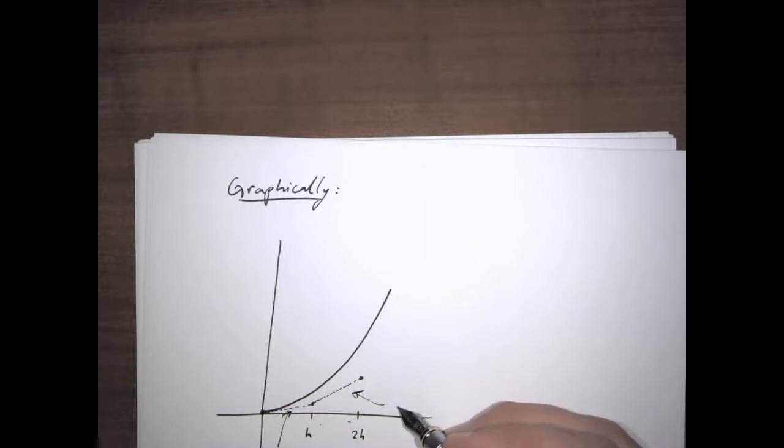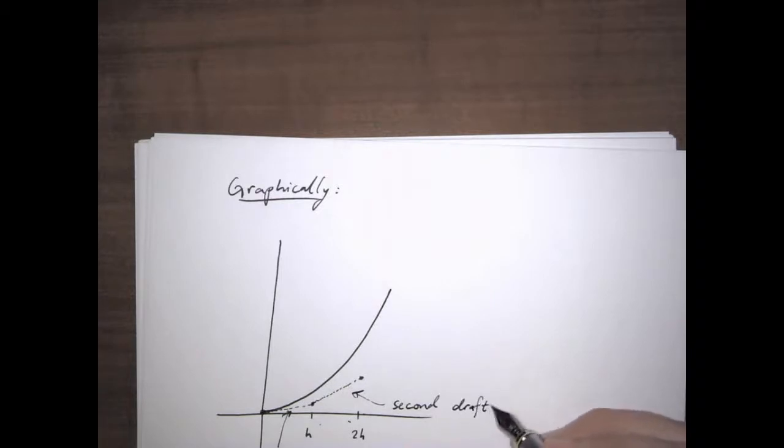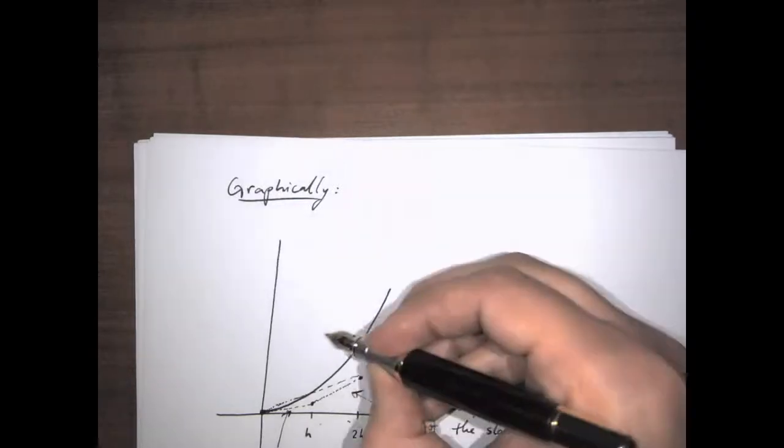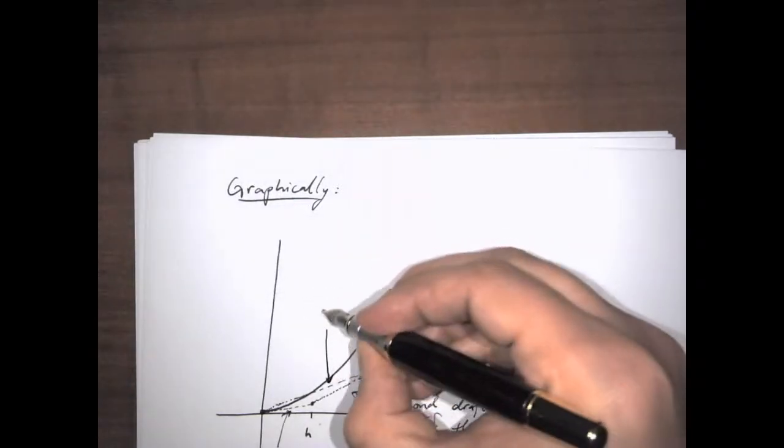And then here, we're going to get another thing to consider as the slope. So here, this is going to be the second draft of the slope. And then we're going to average those two things together, which amounts basically to finding the slope directly from here to here. So this is the averaged slope.